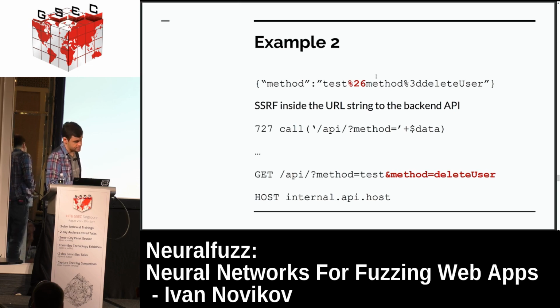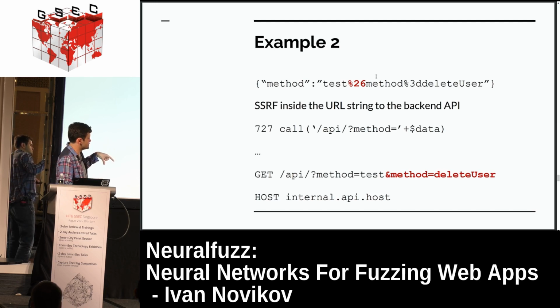Second example, it's a kind of server-side request forgery vulnerability inside the method field, and I tried to figure out whether it is possible to train a network to suggest valuable things with this character, to be able to create some sort of parts of URLs to construct valid URLs with no 0 bytes, with no pound characters, some sort of reasonable things there.